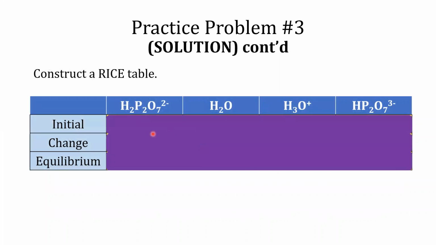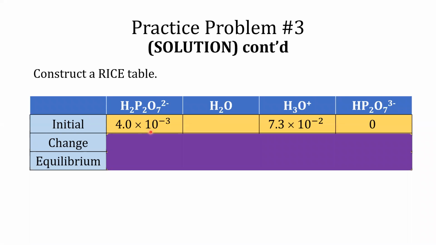In constructing the Rice table, the initial concentration of dihydrogen diphosphate ion is 4.0 times 10 to the minus 3 molar. Hydronium ion is 7.3 times 10 to the minus 2 molar, and 0 molar for HP2O7 3-, or hydrogen diphosphate ion.